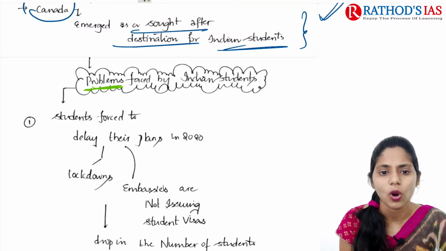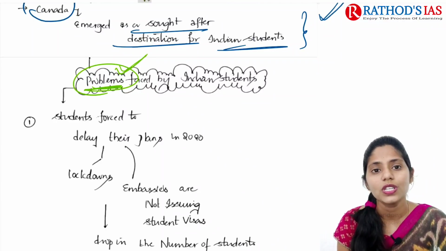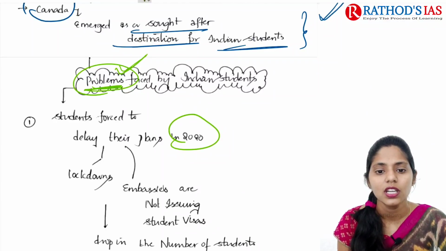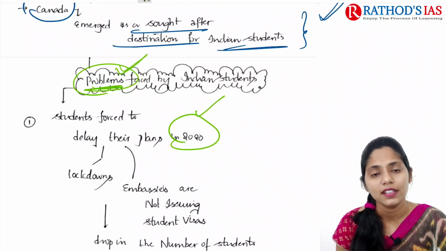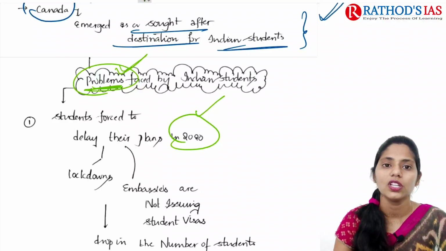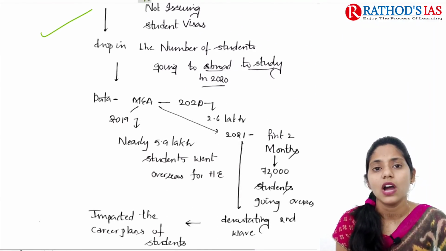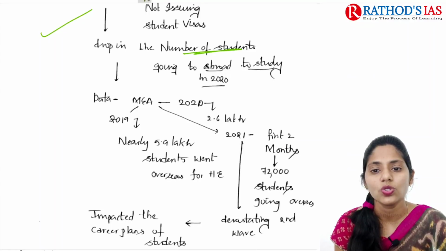If you're talking about problems faced by Indian students, they were forced to delay their plans in 2020 because of COVID-19 restrictions and lockdowns. And even embassies were not issuing student visas. Because of these problems, there is now a drop in the number of students going abroad to study.